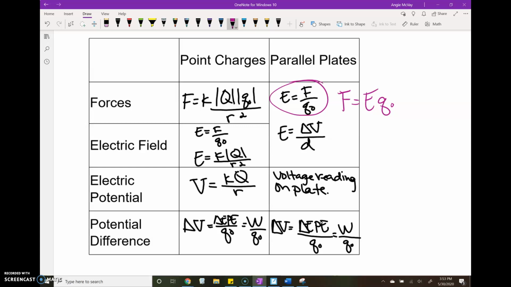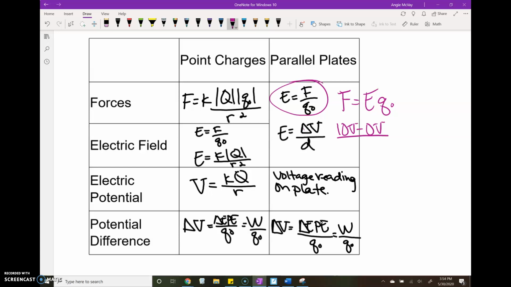If you're calculating the electric field due to point charges, it's K times Q over R squared. For parallel plates, the electric field strength is the potential difference between those 2 plates over D, and this D is the plate separation. Okay, so if you had 2 plates, right, if one plate was 10 volts and another plate was 0 volts, you'd find the potential difference.